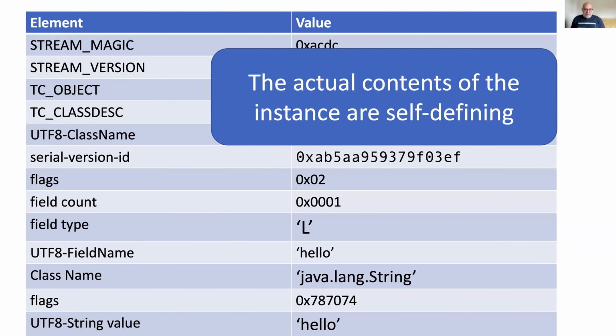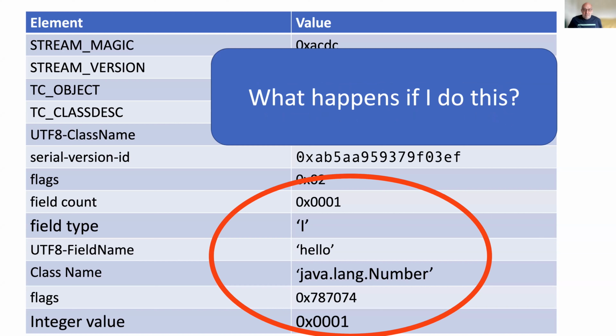So the fact that it's self-defining, though, means that it's vulnerable, because what happens if I were a bad actor and I got this byte stream and changed the values in this field? What happens if I change it from a string to a number? What happens if I say, look, there's a field called hello and it's a number, and here's the value for the number?